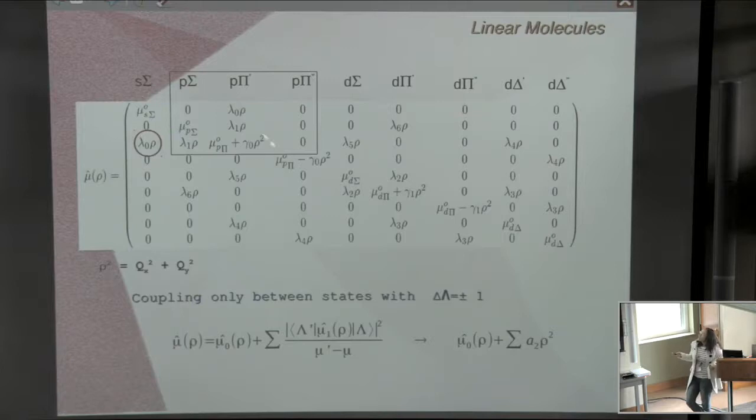So I'm doing the couplings between the sigmas. By conservation of angular momentum, delta lambda equals plus or minus 1, so sigma and pi, and delta, or pi and sigma. We don't know how much of these sigmas and pis are coupled by that.